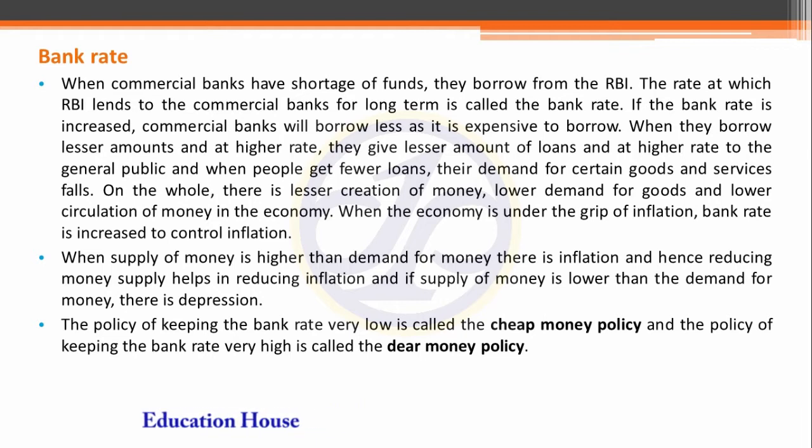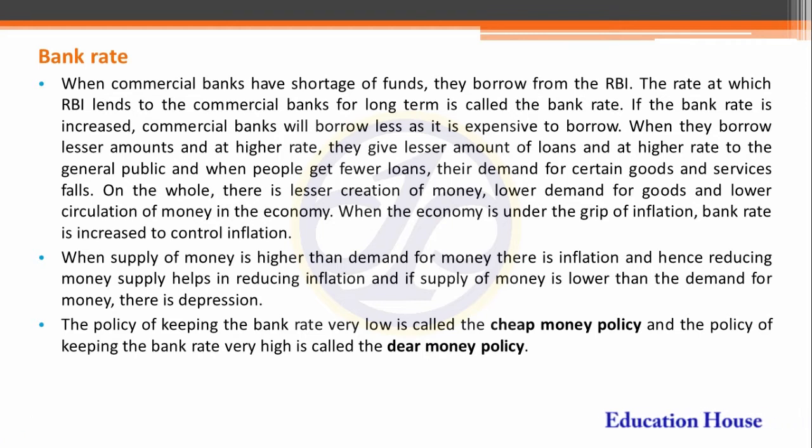Another step is also taken by RBI. When the market is passing through recession, in this situation, the supply of money in the market is very low. So Reserve Bank of India tries to increase the supply of money in the market. For that, RBI reduces the bank rate.